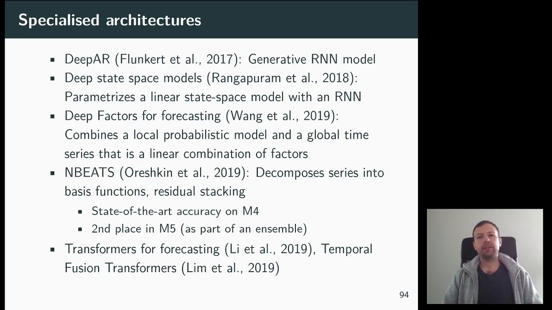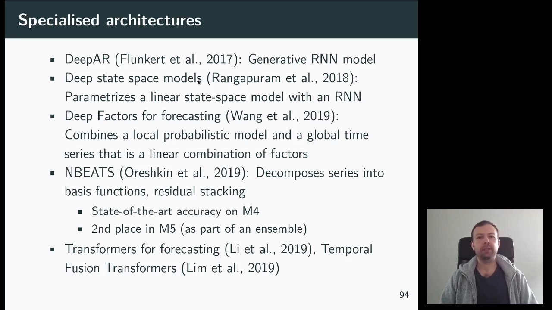And now in recent years, there have been a lot of specialized architectures, things that work really well. I'm not going to go into too much detail about them. In 2017 there was DeepAR, which is a generative recurrent neural network model that is very successful. A lot of this research has been coming out of a group at Amazon that do very good work.